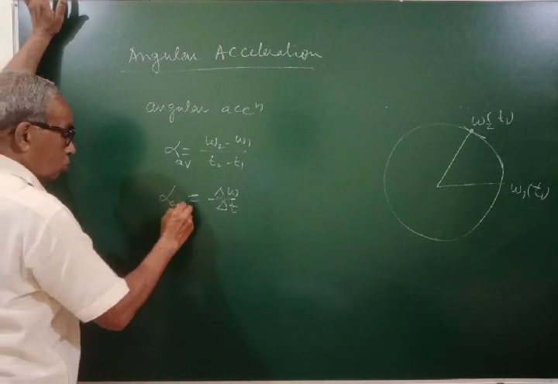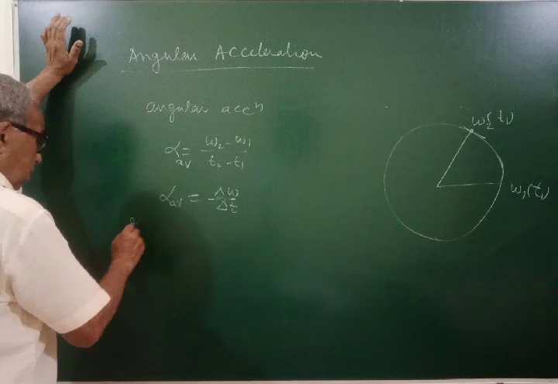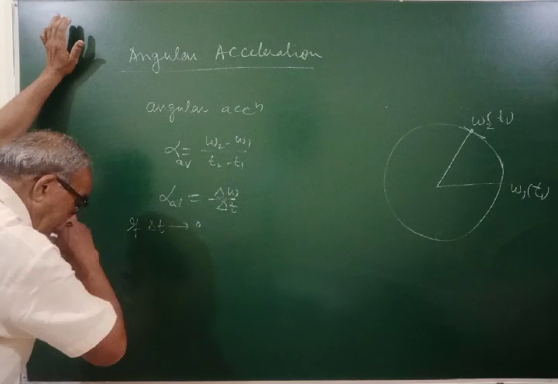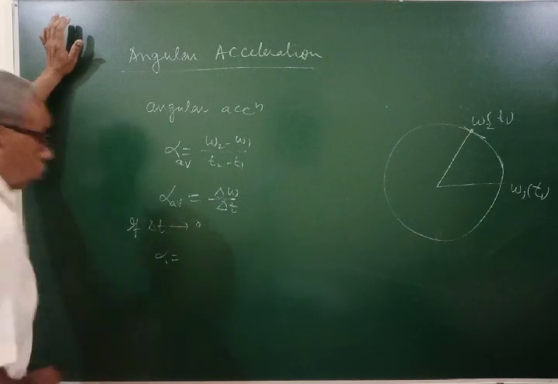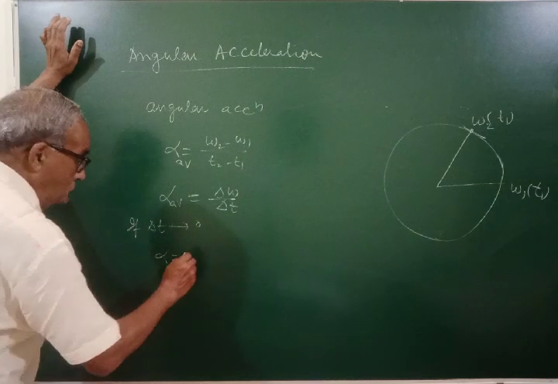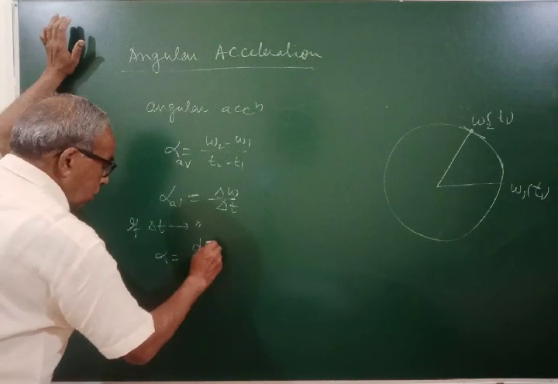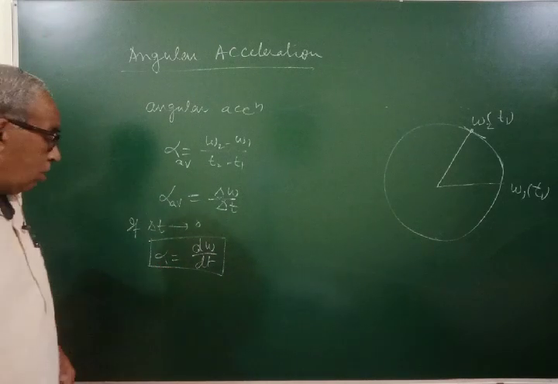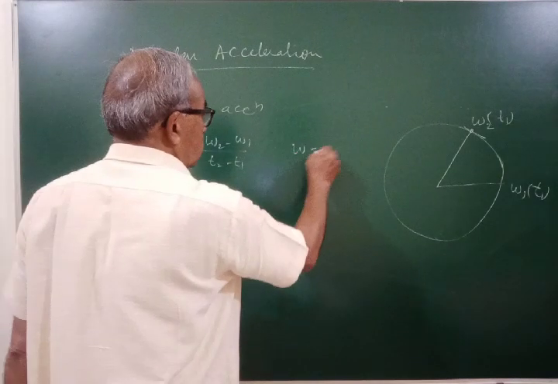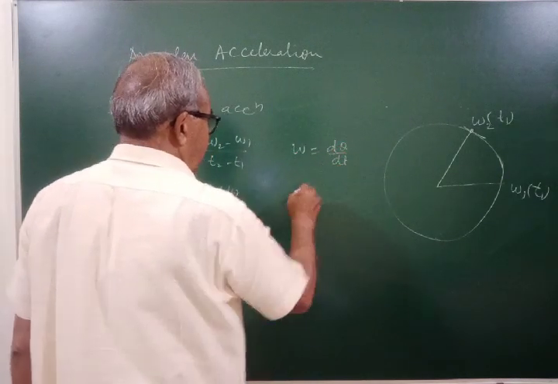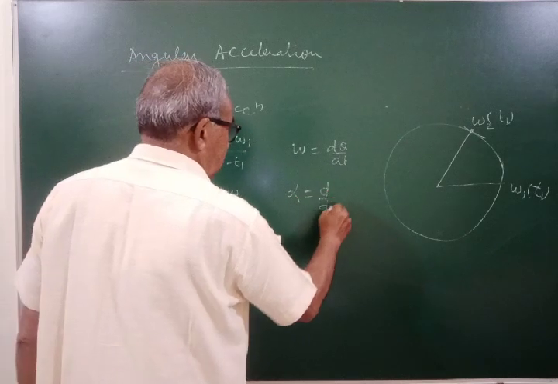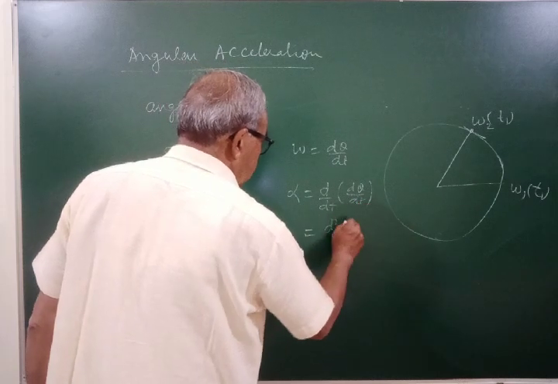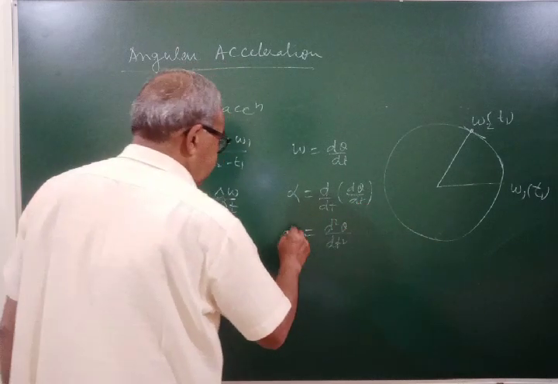But if delta t tends to 0, then alpha, the instantaneous angular acceleration, will become d omega upon dt. I don't want to go into detail. Alpha is d omega upon dt, but you know omega equal to d theta upon dt. So alpha is d upon dt of d theta upon dt, equal to d2 theta upon dt square.